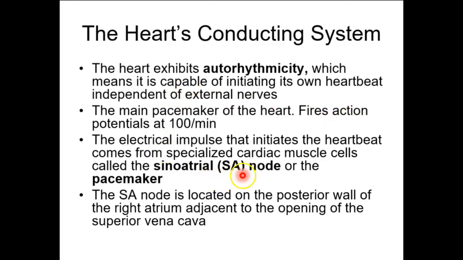The SA node is the pacemaker. Without autonomic regulation, what would your heart rate be? 100 beats per minute. So the SA node fires without input from the parasympathetic nervous system at 100 beats per minute. And then what's our main cranial nerve that is going to control the parasympathetic division here? Vagus!